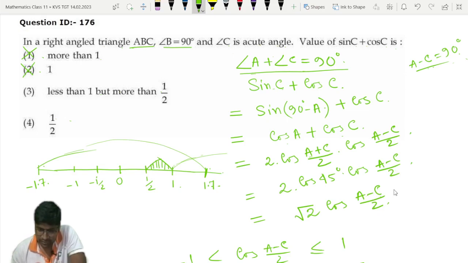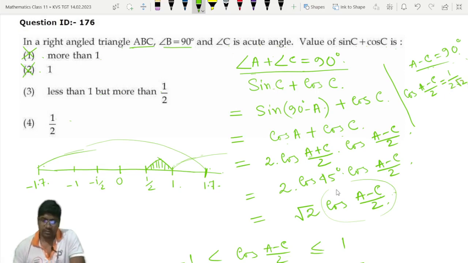How, if it would be half, then this value should be 2 root 2, 1 by 2 root 2. Cos of (A minus C) by 2 should be equal to 1 by 2 root 2. Is it possible?